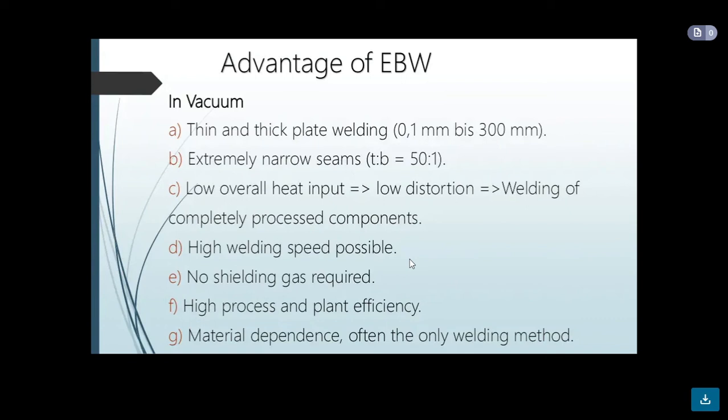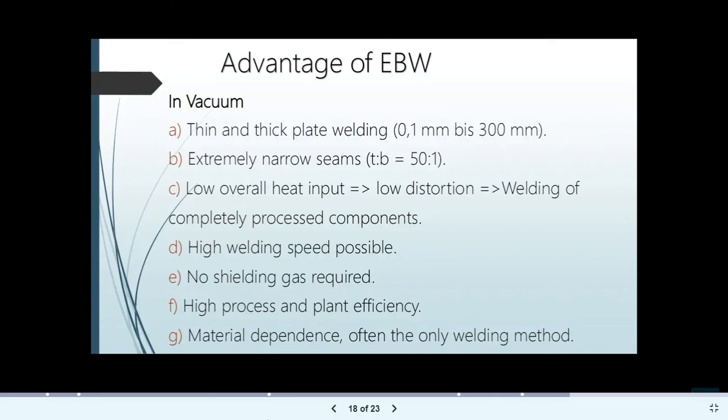As the overall procedure is conducted in a vacuum chamber, shielding gas is not required to avoid oxidation of the base material. High process and plant efficiency: both the process efficiency and the plant efficiency are high in electron beam welding.